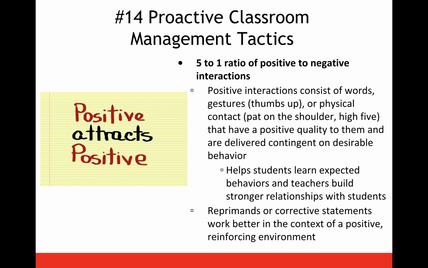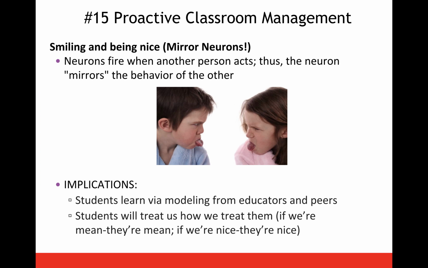And then if every once in a while you do have to provide that reprimand, it doesn't sting quite so much because you already have developed and created a more positive space. And so students are like, okay, well, I did kind of mess up that time. Let me get back on track so that I can get back to earning whatever it is that we are earning. Okay. So having 5 to 1 positive to negative interactions is really important.